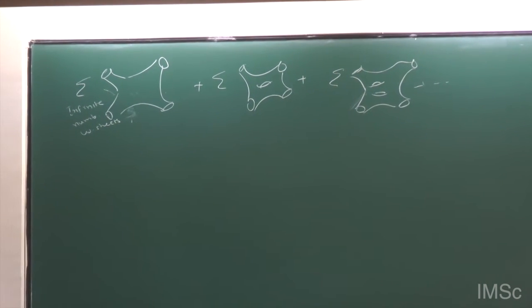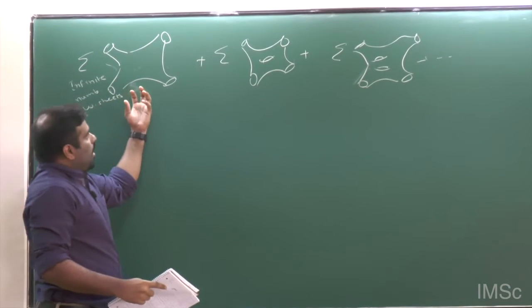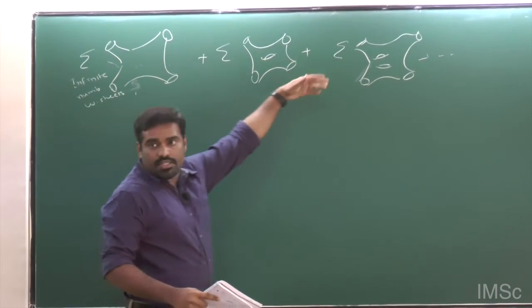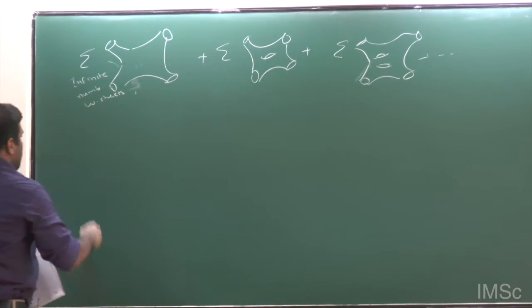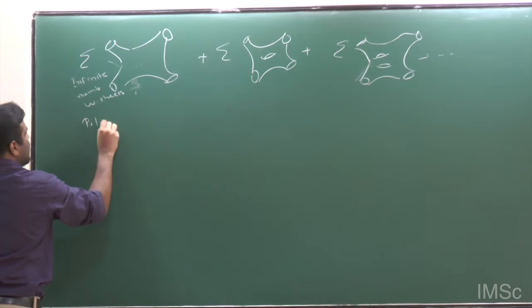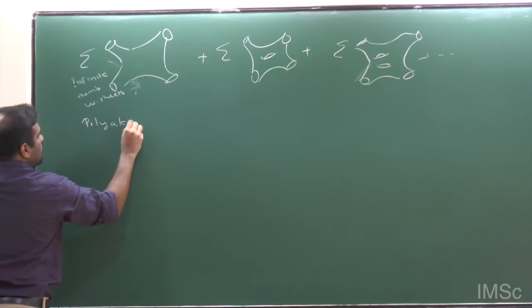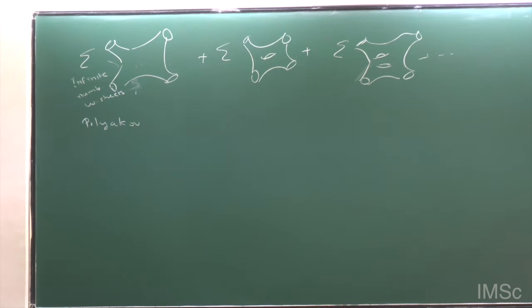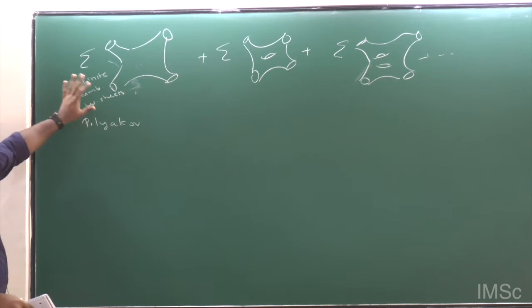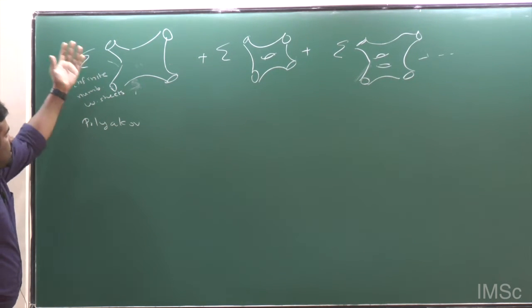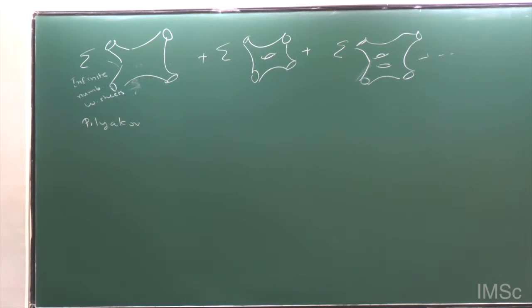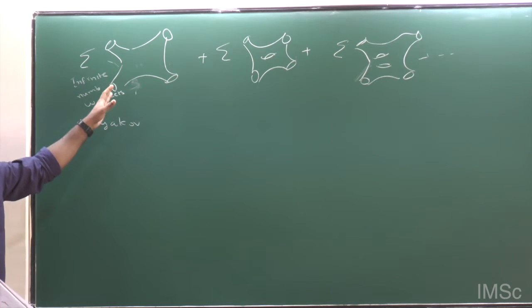And what string perturbation theory says is how to really deal with each summation. Polyakov studied this summation carefully. When I say that there are infinite number of world sheets and then sum over this diagram, it's not very well defined.